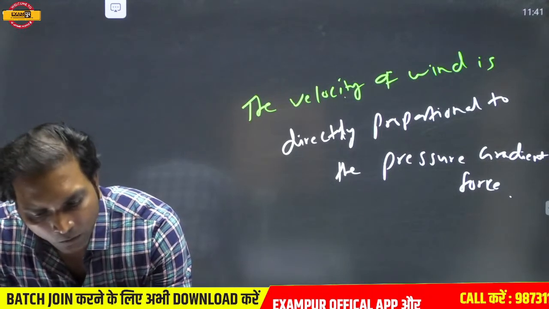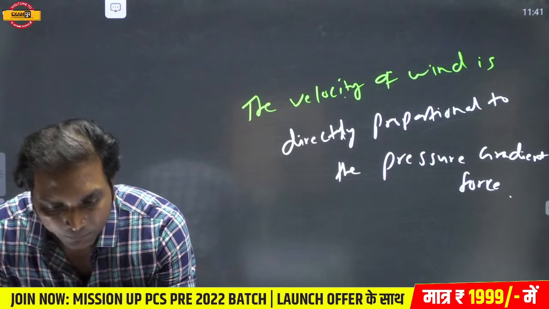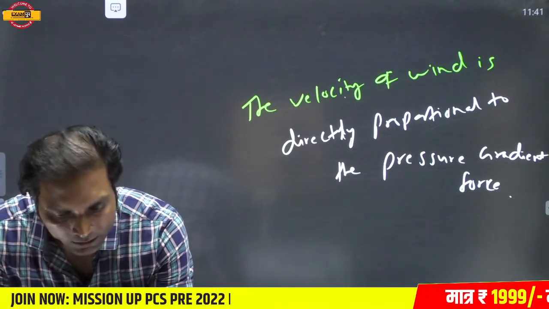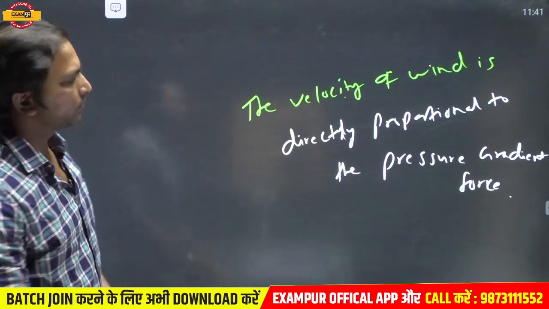And about this flow due to the pressure gradient force, you should also know the flow is from high pressure to low pressure and it is at right angles to isobars.